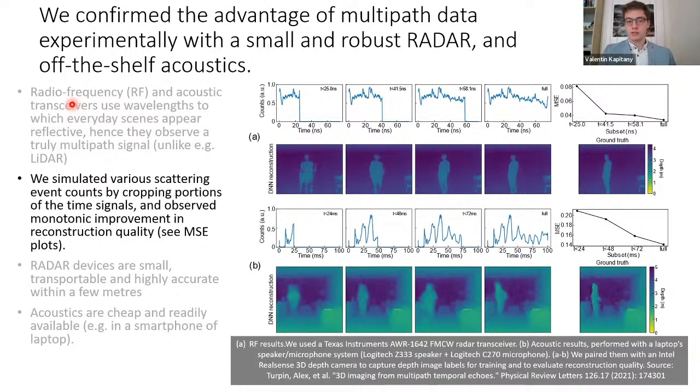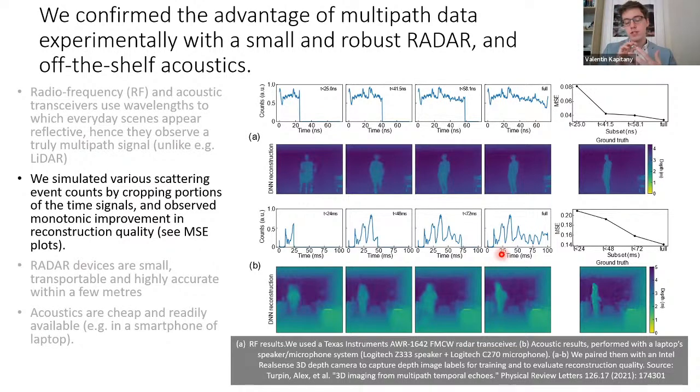We can simulate various scattering event counts by cropping portions of our temporal signal. For instance, for acoustics, we have our loudspeaker emitting sound waves. We measure the returning waves on a microphone, and that gives us a temporal signal as shown below.